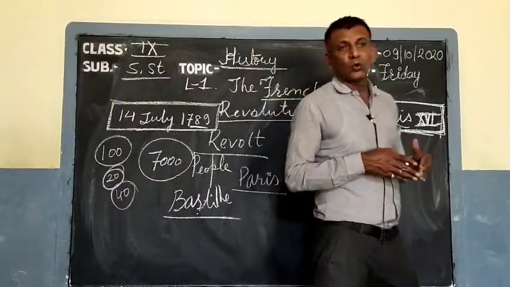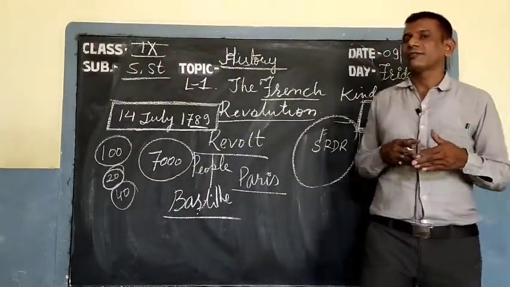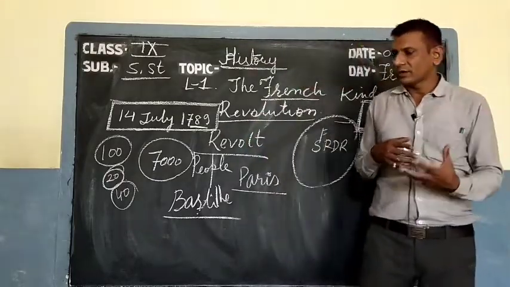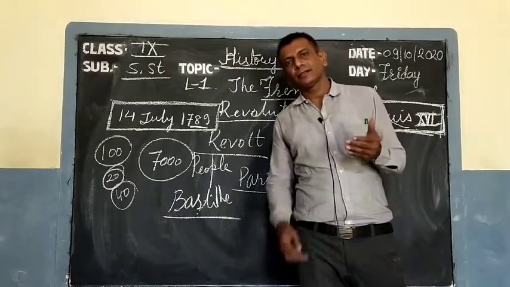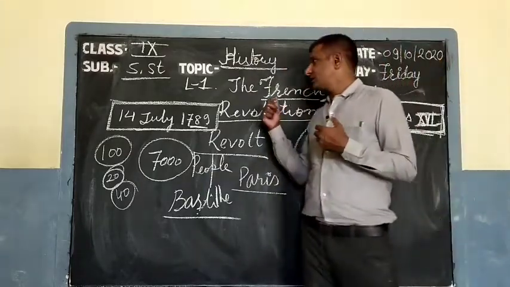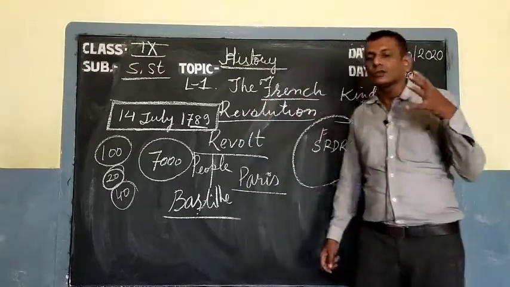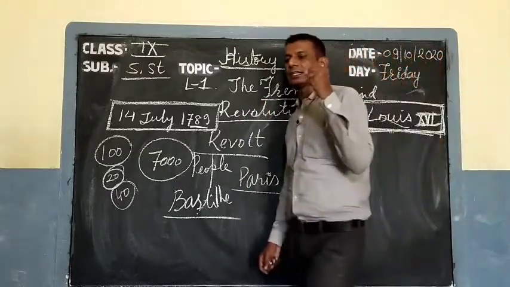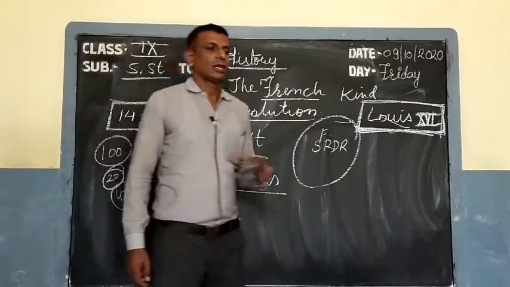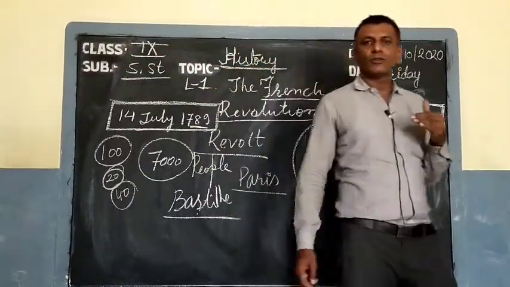The people who were rich and prosperous were not supporting the lower class people, and the most affected group was only and only the lower class, because the taxes were forced on them.